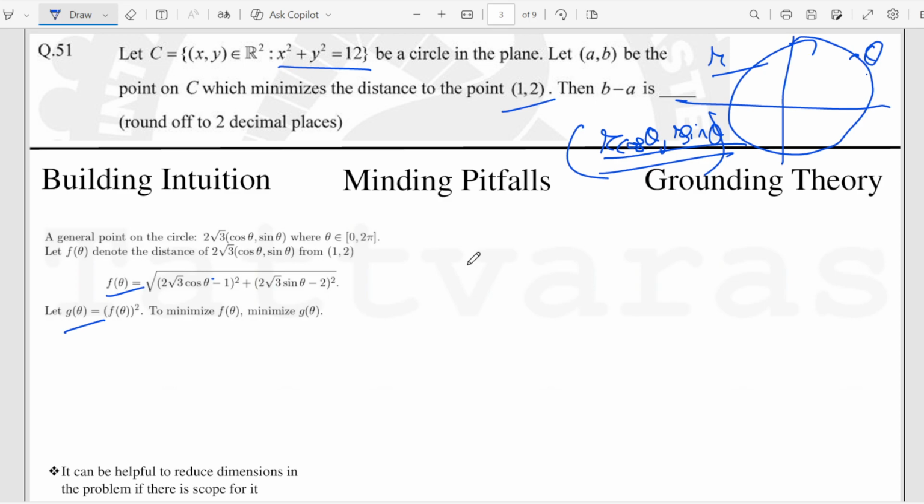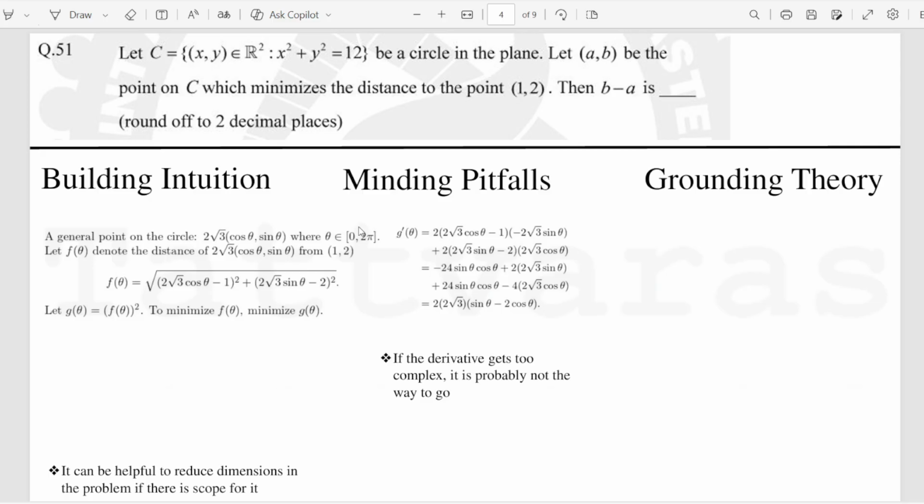Now, a point of error that can happen over here is we can maybe go in the direction of derivatives. Derivatives are not wrong, but when you differentiate the function you may get a derivative which gets complex to deal with. So, for instance, over here, the motivation would have been to see whether the derivative is greater than 0, less than 0, or equal to 0 at some point.